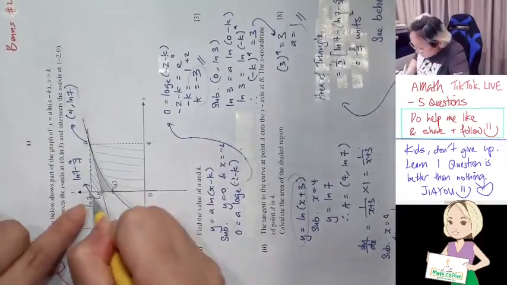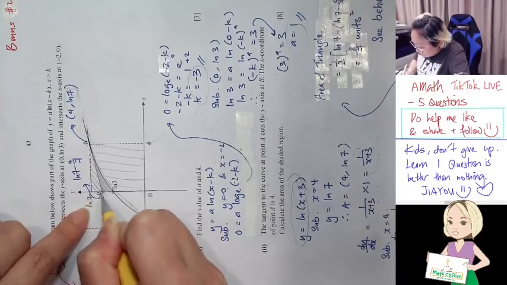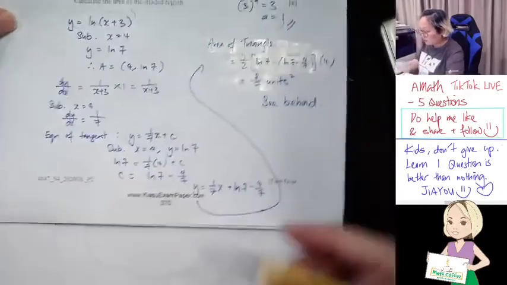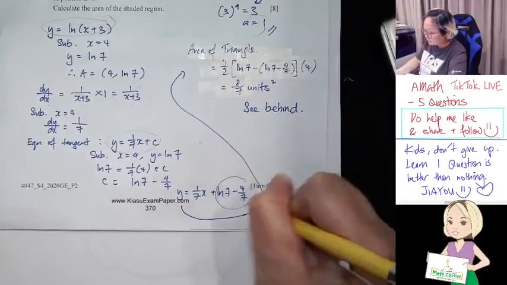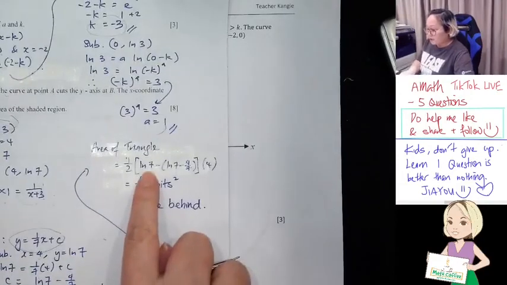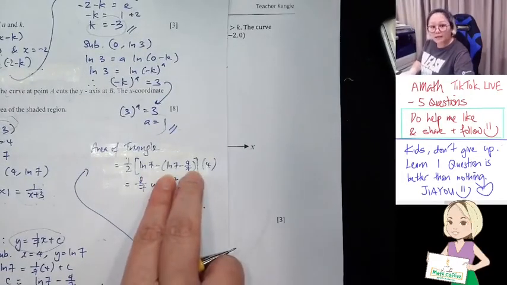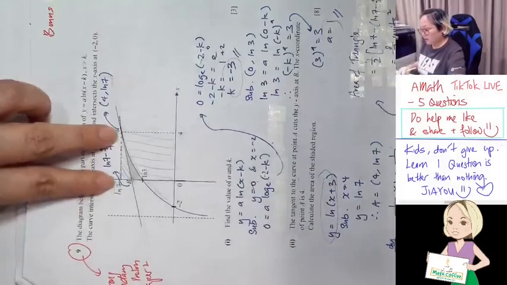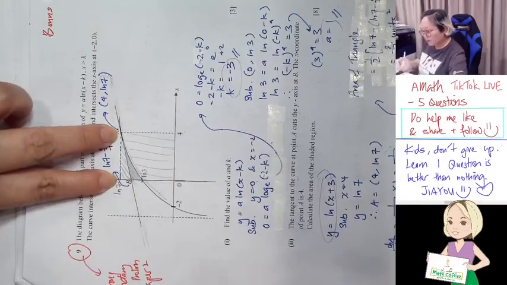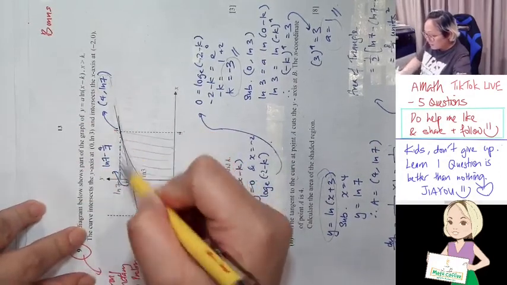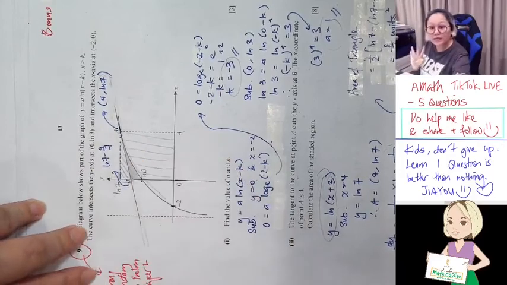So the base is just this, ln 7 minus the point by, and my point by, remember, just now was just this part. So ln 7 minus the point by will be my base. Then my height will be just 4, because this is the height. So this is the triangle, half times base times height, that will be the area of the triangle. I will use the area of triangle later.